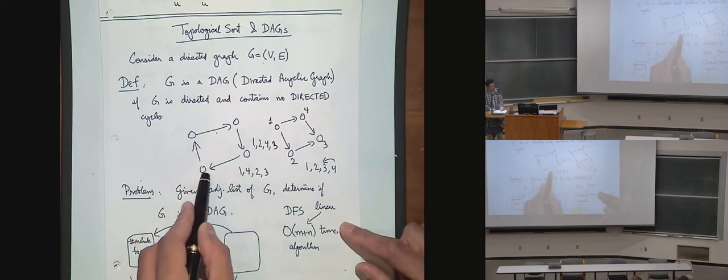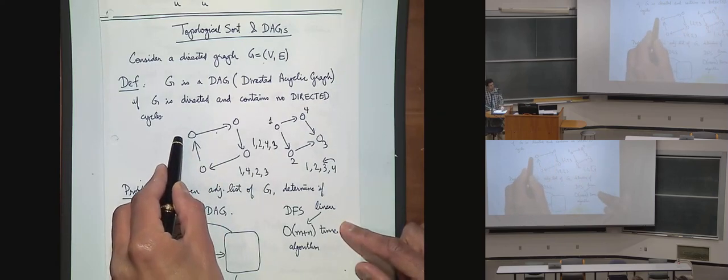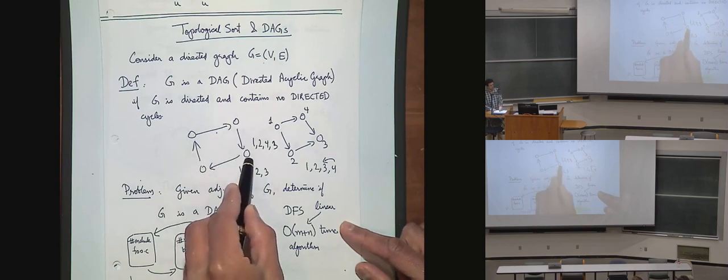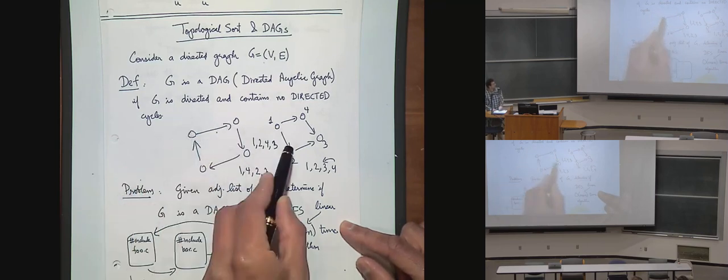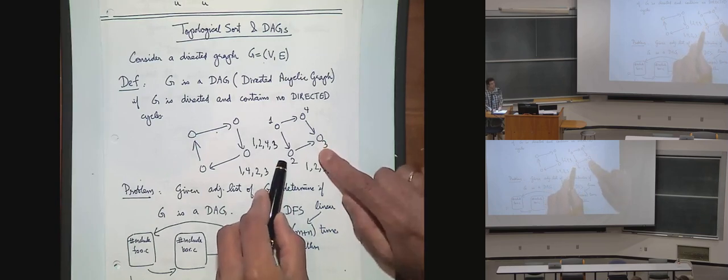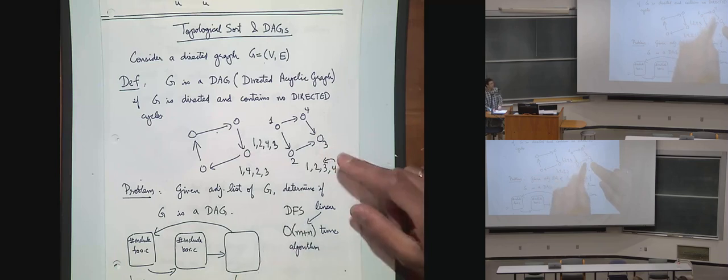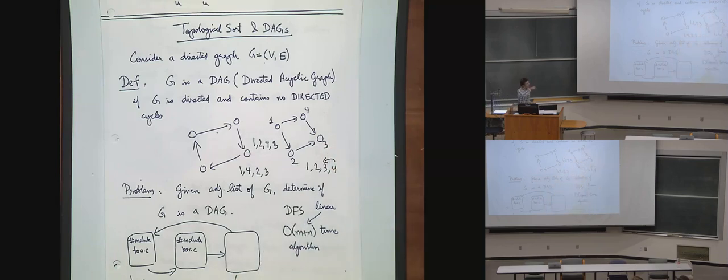So a cycle of this form: 1 goes to 2, which goes to 3, which goes to 4, and back to 1. That is a cycle. A DAG contains no such cycles. So this is not a directed cycle, because although the edges in the undirected world form a cycle, in the directed world they don't.